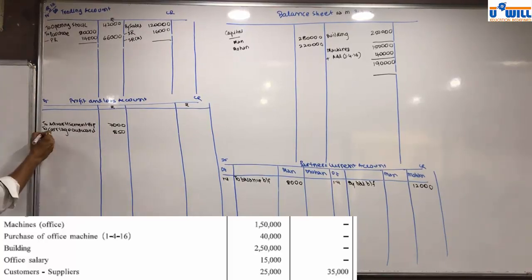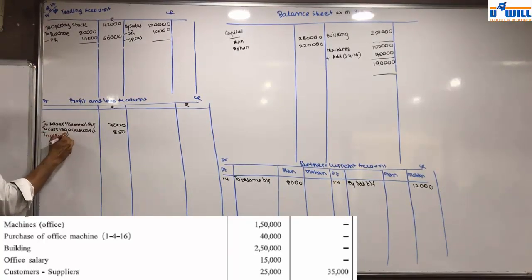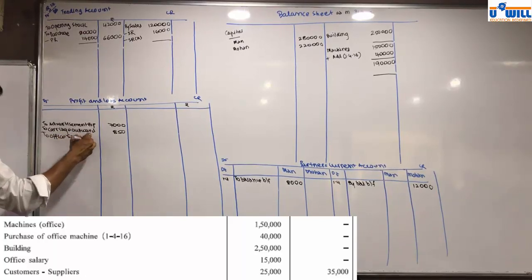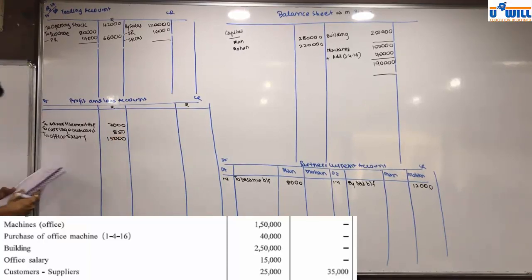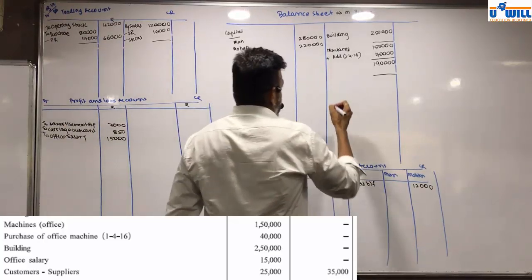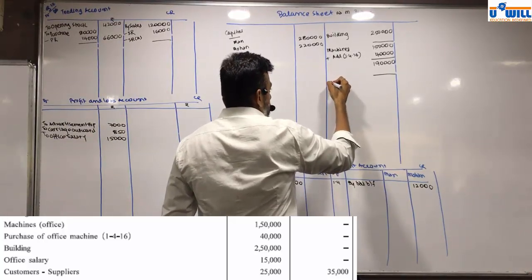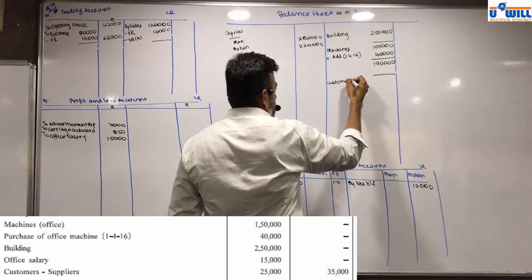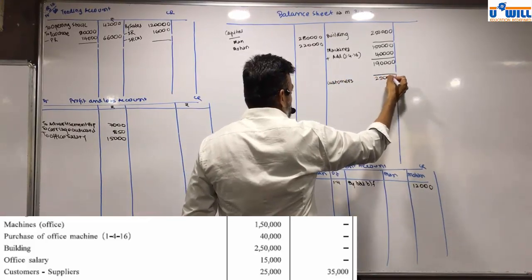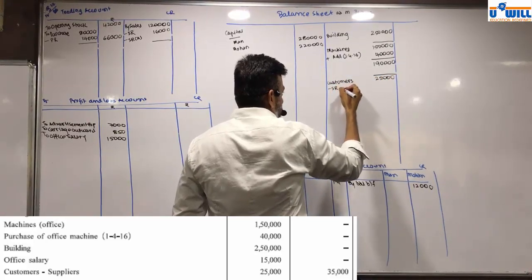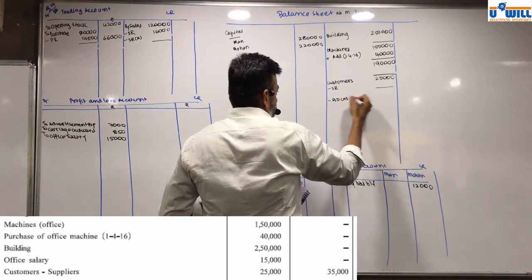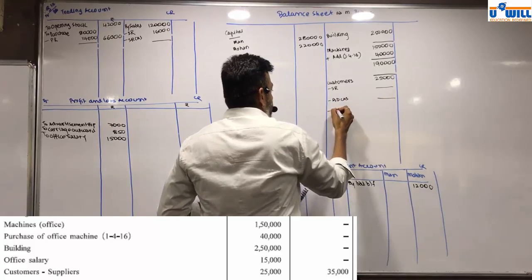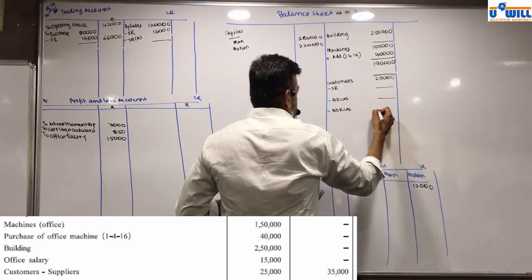Office salary. To office salary 15,000. Customers 25,000, minus sales return, minus bad debt as per adjustment, minus bad debt reserve as per adjustment.